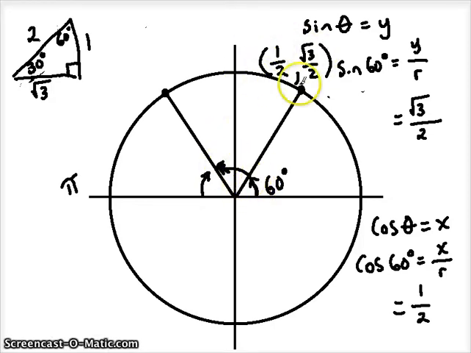But just like in our last video, the only thing that changes is the sign, the positive or negative sign. And if we're in quadrant 2, the x value is negative, so we have a negative 1/2. And the y value is still positive, so it's still the square root of 3 over 2. And this pattern continues all the way around the circle as long as we're going in these 60-degree increments.